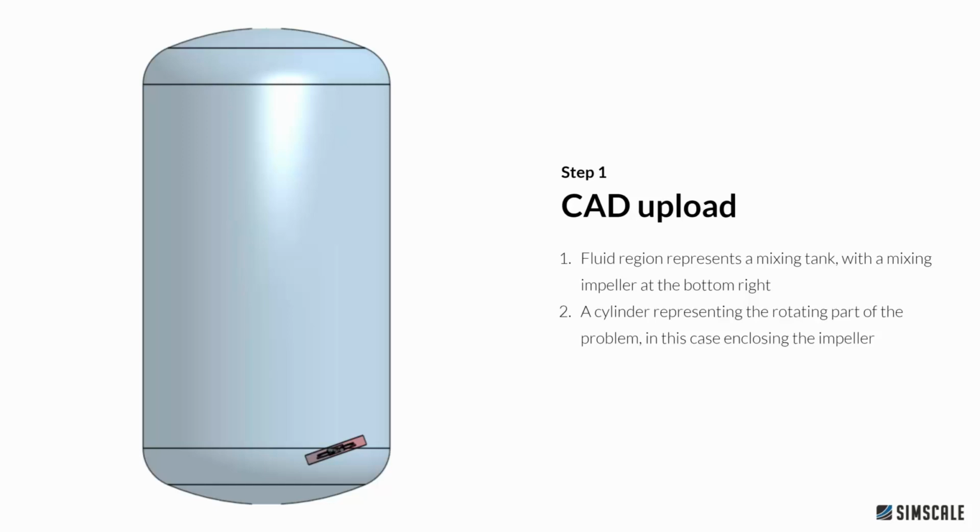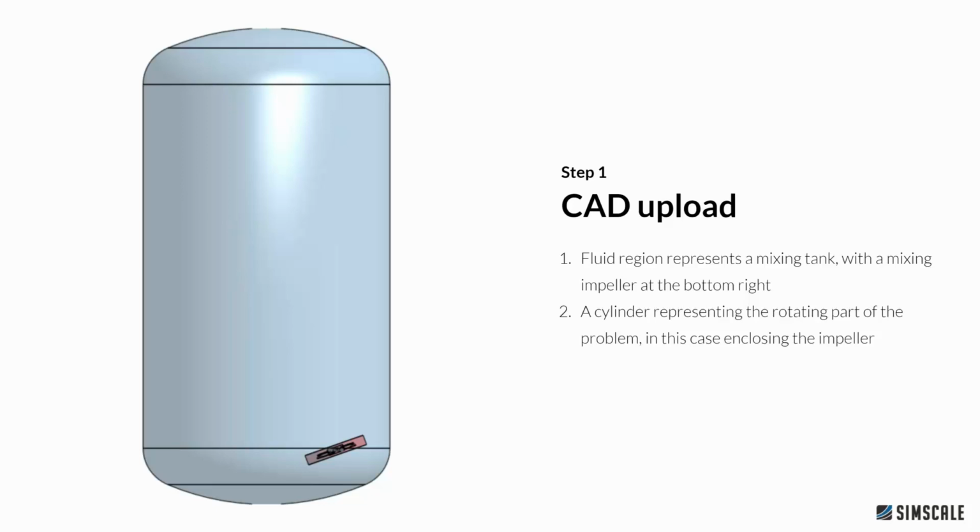So we come to the SimScale platform. What do we do? So first thing, of course, we want to do is upload a CAD geometry. And in this case, it's a fairly simple CAD geometry. It consists of a tank, that's our mixing tank. So remember before I said that we're going to have some fluid in the top, some fluid in the bottom. And we're going to spin this impeller until the two fluids mix together.